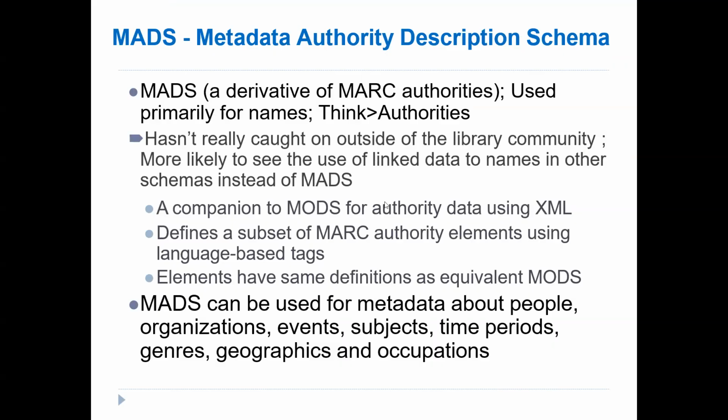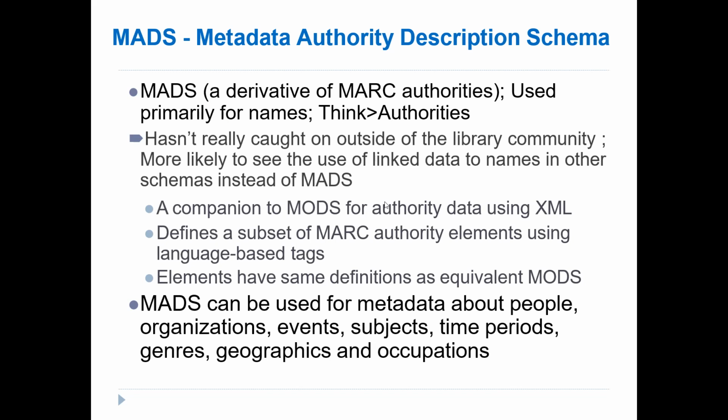MADS, I threw this one in here because it goes along with MODS, and it's meant to be a derivative of MARC authorities, and it's used primarily for names. So this would be for name authorities. This really hasn't caught on outside of the library community at all, and I think the reason is that we're moving on to other file formats or even XML, and we're moving more towards linked data.